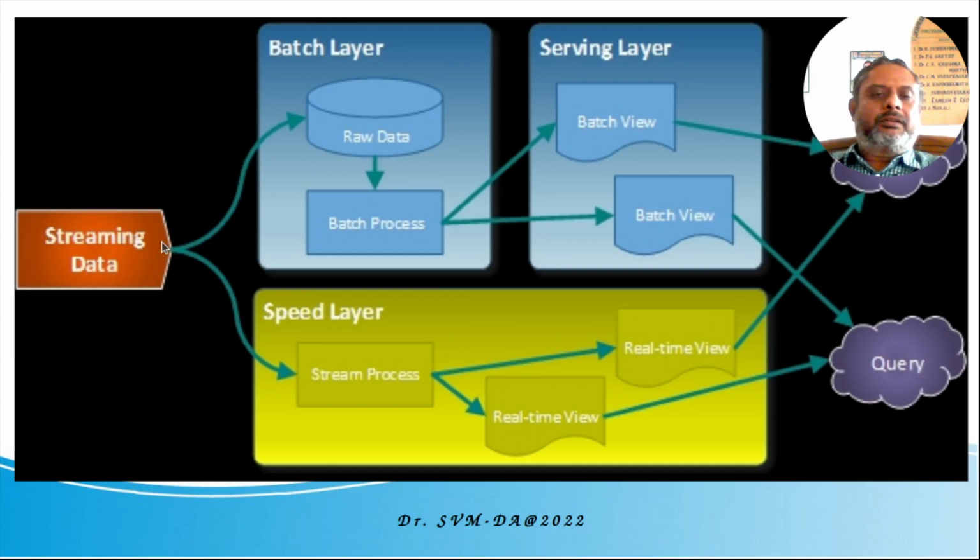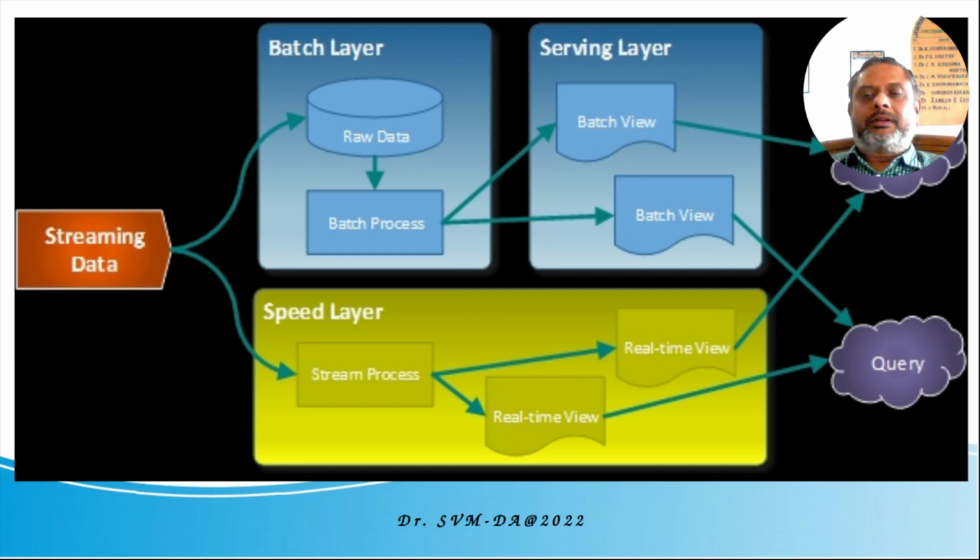On the other side, the streaming data are collected onto the database, and these collections are made into batches, and these batches of data are processed, and the batch data views are made available as information. So there are various batch views, and they are used to answer the queries.